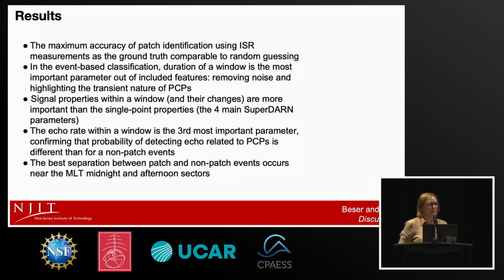Signal properties within a window were more important than single point properties, and echo rate within a window was the third most important parameter. The best separation between patch and non-patch events occurs near the MLT midnight and afternoon sectors.